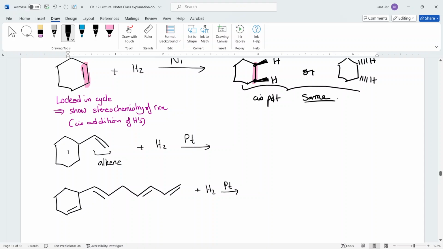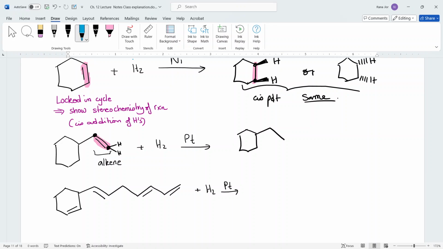See, here the double bond is outside the cycle. We don't care. All I want you to do is highlight the double bond, just to know that you are adding on these 2 carbons. You already have 2 hydrogens here. You're just going to add 1 hydrogen here and 1 hydrogen there. Neglect the stereochemistry because the double bond is outside the cycle.